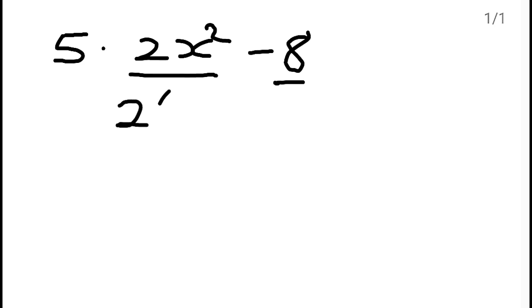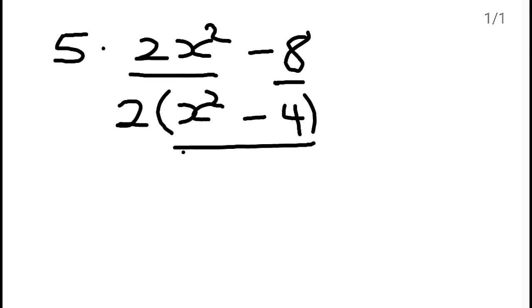So you remove 2 out, so you remain with x squared minus 4. Now you realize that the terms in the bracket are perfect squares separated by a minus, so it is called a difference of 2 squares. So we have a difference of 2 squares in this bracket.